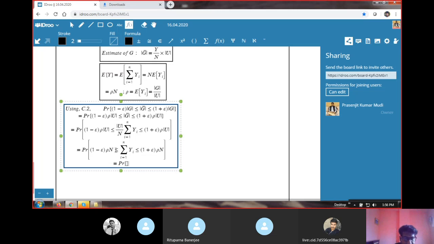And similarly from the left hand side inequality we will have rho n minus epsilon rho n less than or equal to y, so y minus rho n is greater than or equal to minus epsilon rho n.